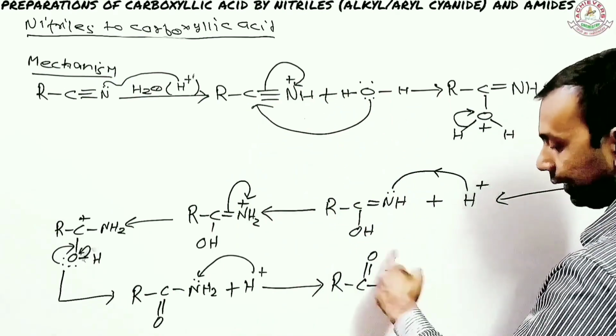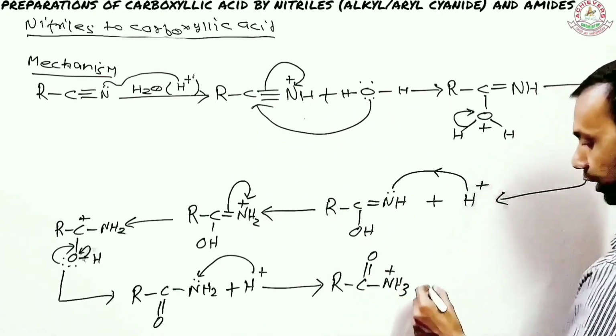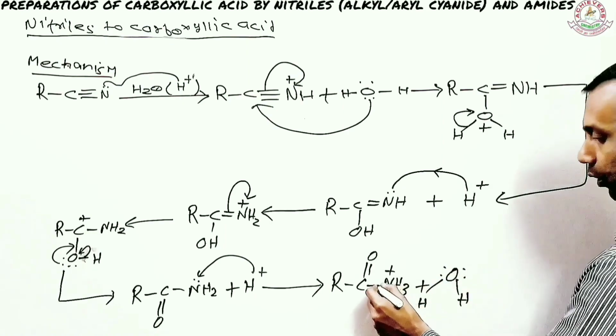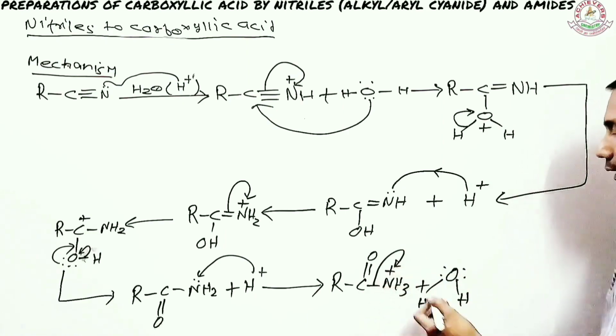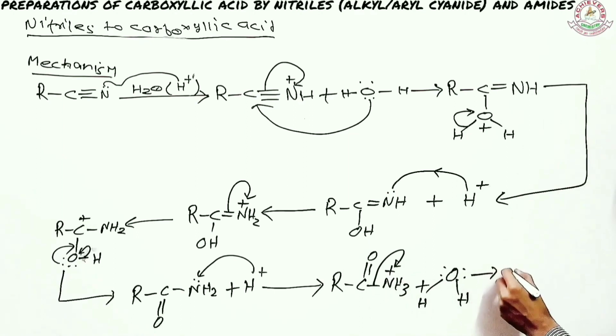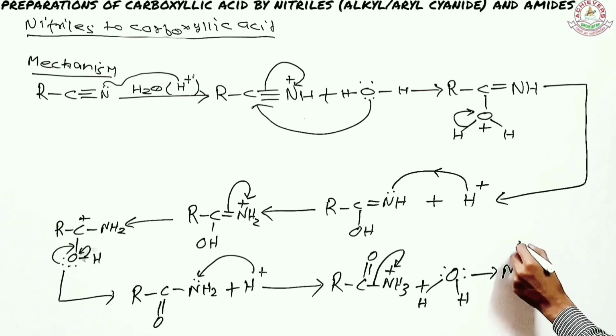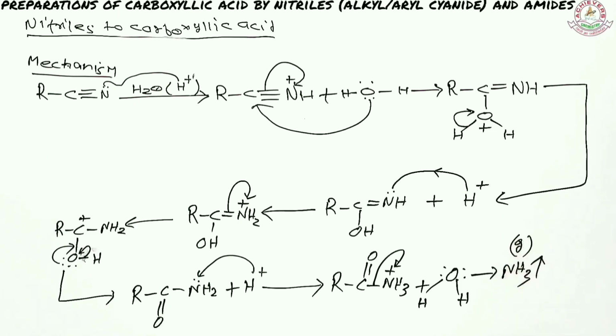After that, this intermediate reacts with water because in the system there is water. So this bond undergoes cleavage. As a result, you have ammonia out there. So ammonia is released out of the system in the form of a gas. This forms gaseous ammonia and goes into the atmosphere.